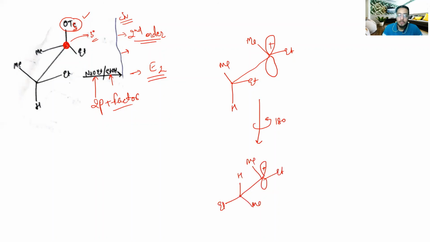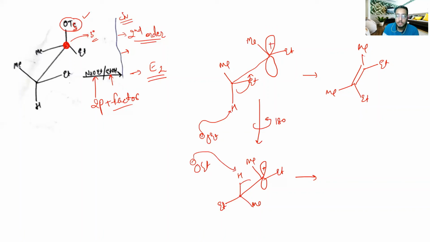Okay, if we rotate this molecule, this can be like this, and if OEt attacks this hydrogen, this bond will go there and we get an alkene, Et Me Et Me. Also from here, if OEt attacks this hydrogen here and this bond moves here, we get a different product.